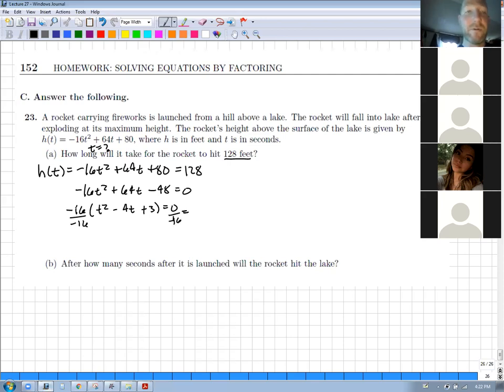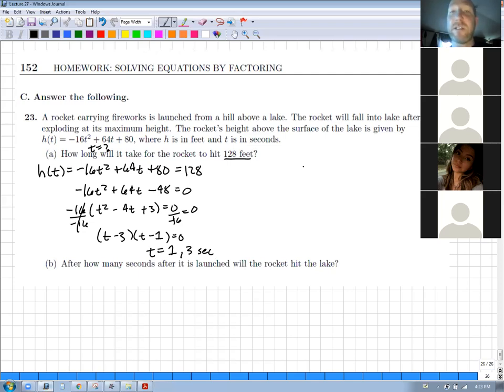This is still 0, goes away. We factor this: t minus 3 and t minus 1. All right, so we got time 1 or 3 seconds, which makes sense.